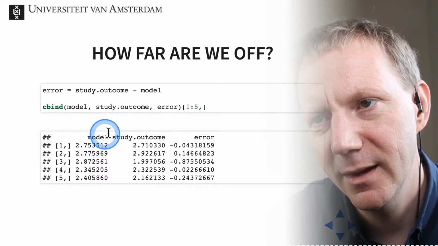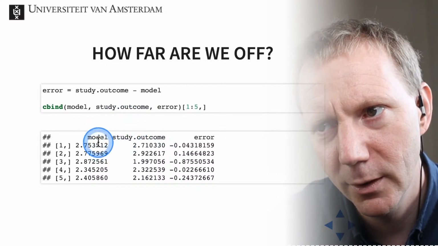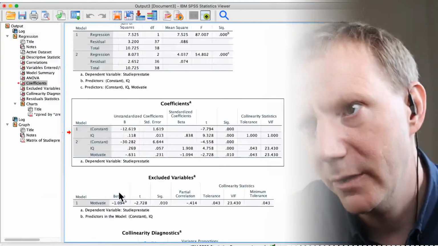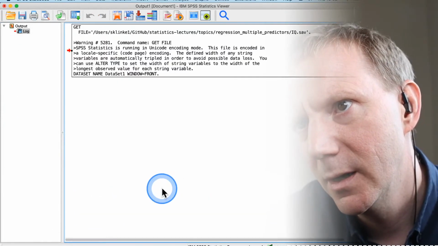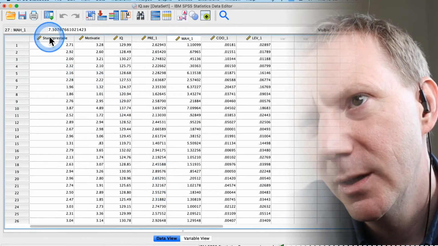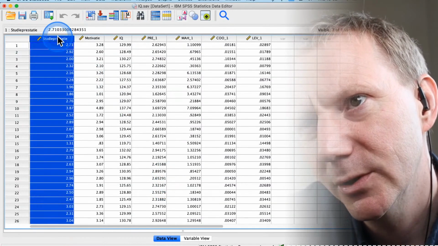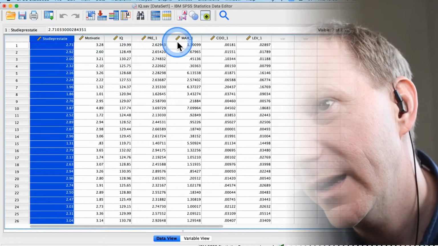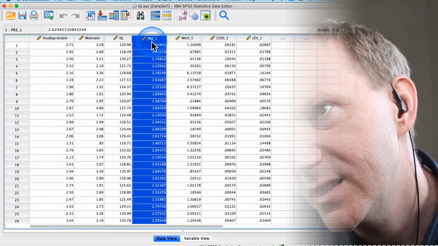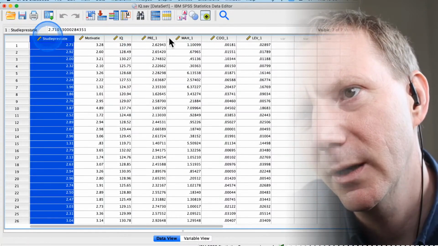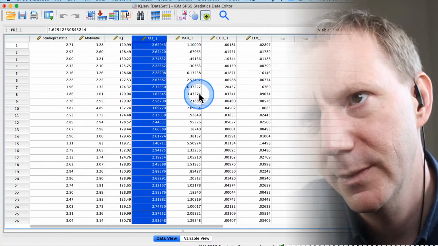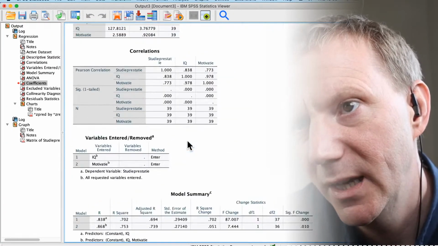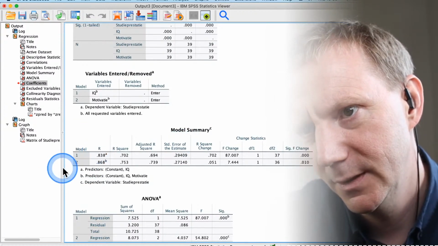Exactly. And that value, the correlation between this one and that one, or in terms of SPSS, the correlation between my actual study outcome and my predicted study outcome, this correlation between these two columns is exactly what is given here.